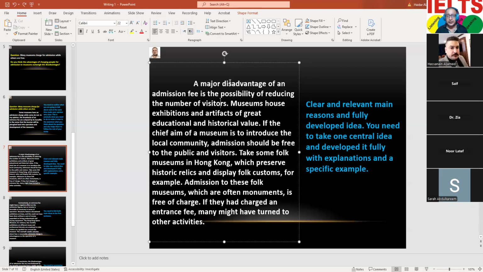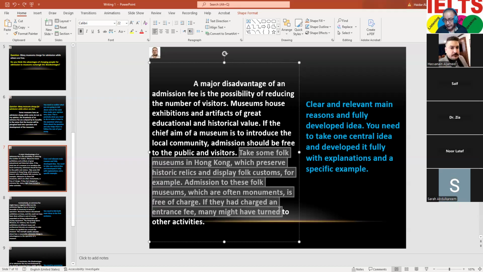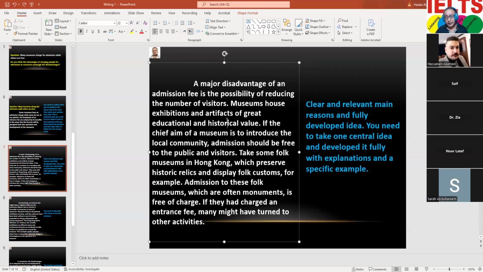When I give another disadvantage, I also have to mention what it is, and explain it with how and or why. When I give an example, I have to explain it and relate it to the disadvantage. Clear, everyone? If you have a question here, do not hesitate to ask me. Do you have any questions here?